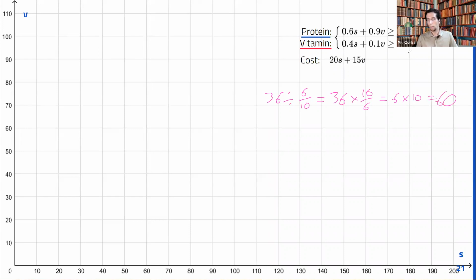All right. For vitamins, what are the two constraints? 25 and 100. Okay. Looks like we're ready to graph those, so we'll do those first. Blue, thick line, there we go. 60 and 40.